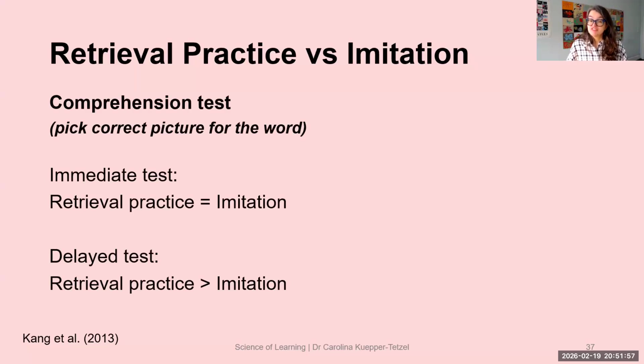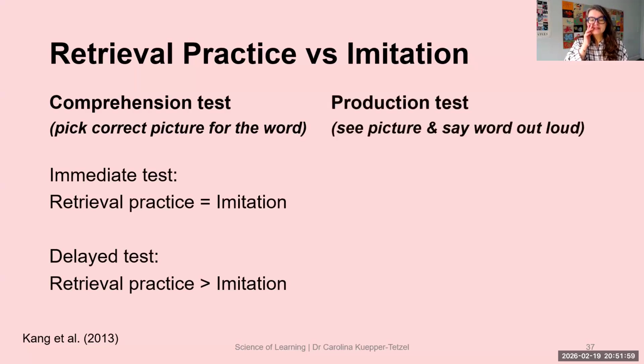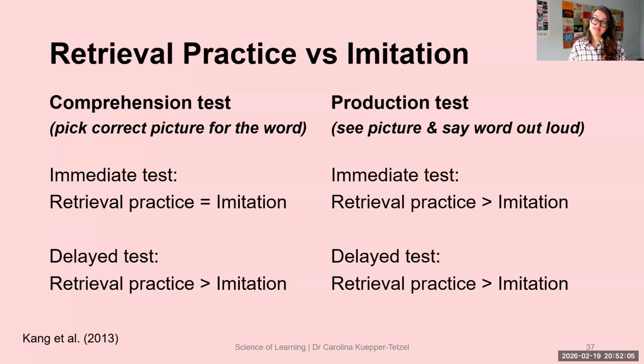What about the more difficult test, the production test? They saw the picture and had to pronounce the word out loud. Here, in both tests, independent of when it was given, students in the retrieval practice condition were better than students who had used imitation.